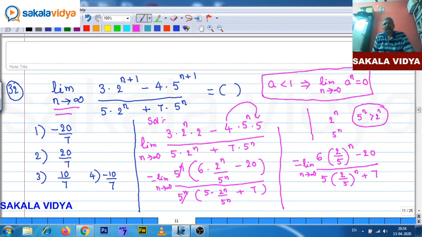Here 2 by 5 is a proper fraction, that is less than 1. So as n approaches infinity, (2 by 5) power n is equal to 0, this becomes 0, this becomes 0. We have 0 minus 20 by 0 plus 7, whose value is minus 20 by 7. So that means the first option is the right option.